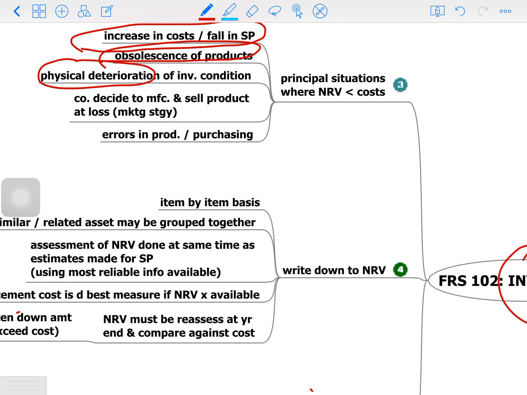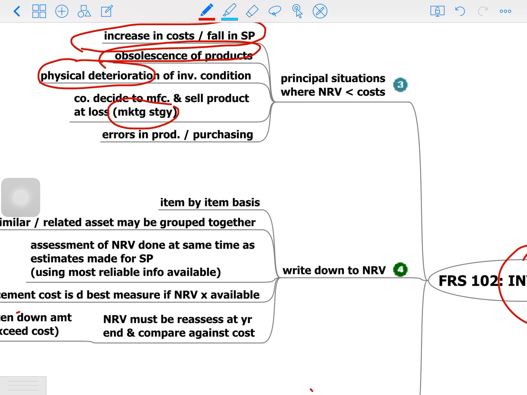And then the company decides to manufacture and sell the product at a loss. This is a marketing strategy, to kill the competitor. They decide to manufacture instead of buying it from the manufacturer. They start producing it at a cheaper price and sell it at a cheaper price to kill the competitor.